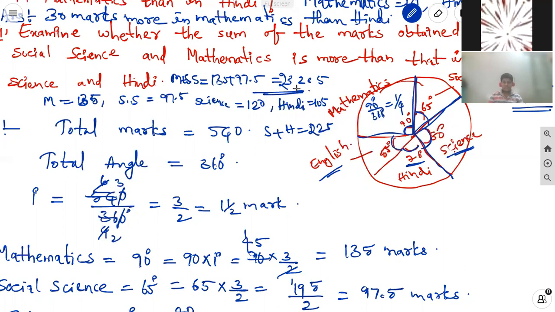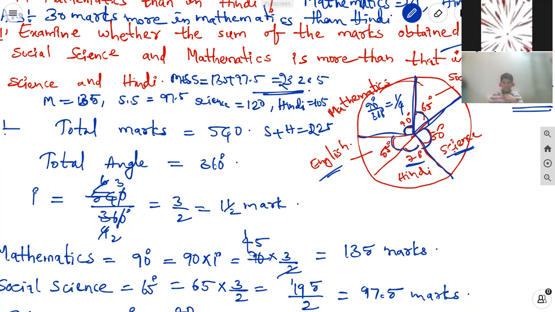Mathematics and social science marks equal 232.5 marks, while Hindi and science marks are 225 marks. So social science and mathematics marks are more than the science and Hindi marks. The answer to the third question is yes.